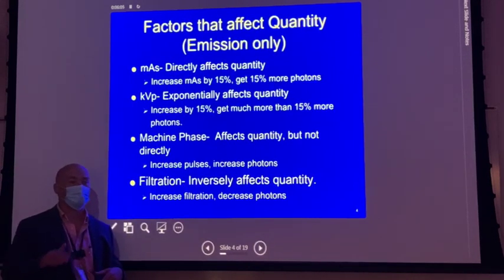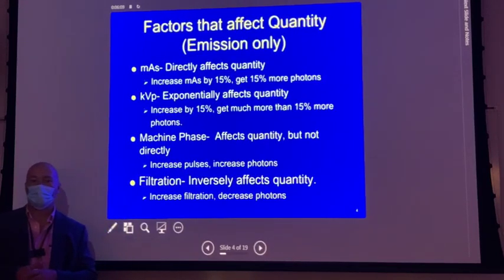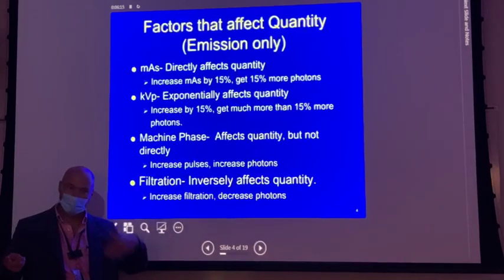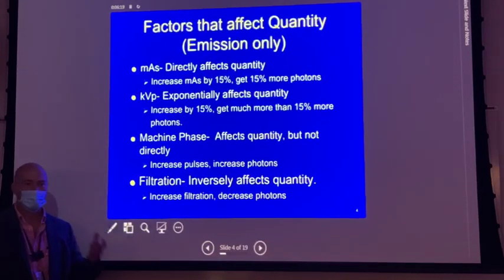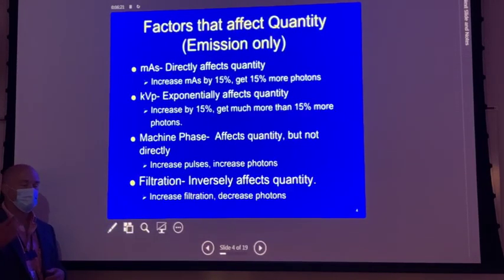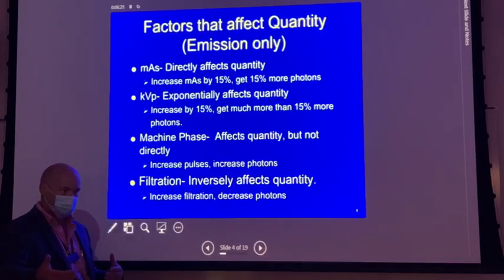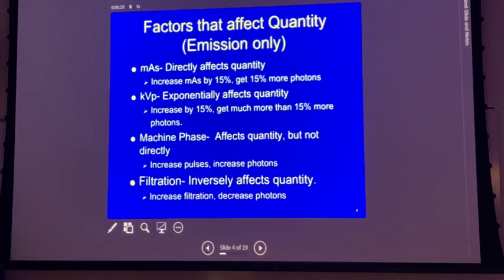If you don't do anything but increase KVP, how much of a change in exposure do you have? It increases by a factor of 2. So your mass needs to be cut back by a factor of 2 to maintain the exposure, right? So it's exponential. 15% change in KVP equals a doubling of the exposure, okay? It goes in the same direction, but it's exponential.